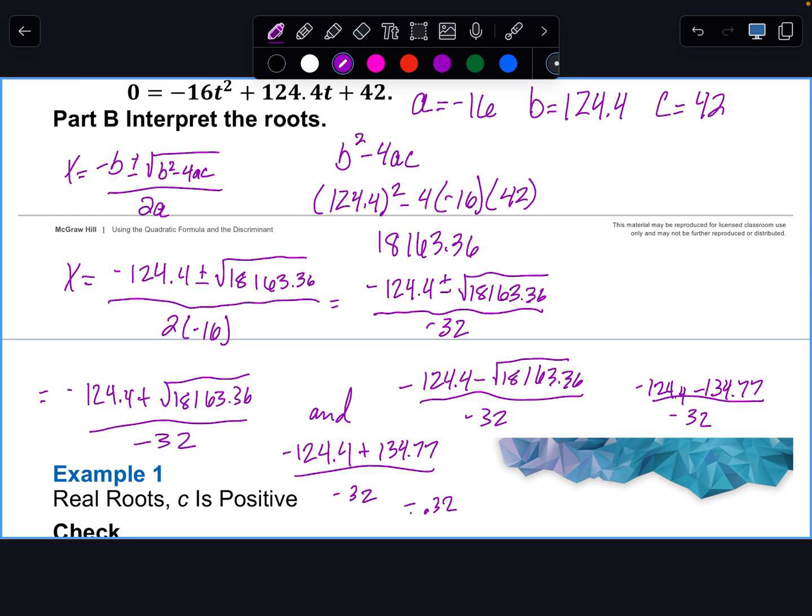And then negative 124.4 minus 134.77 divided by negative 32 gives me 8.10 seconds.